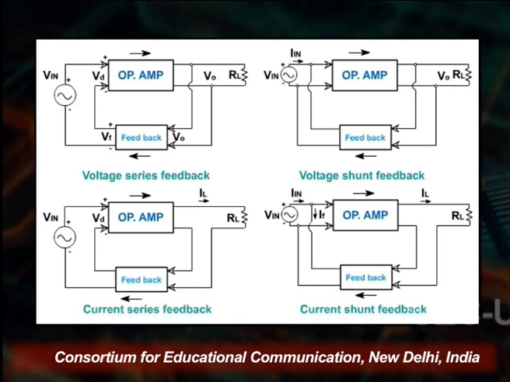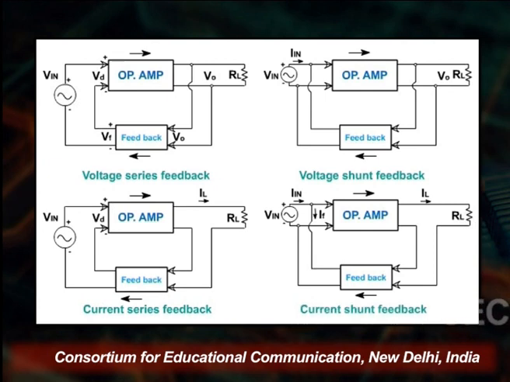The output of the feedback circuit, which acts as the input of the op amp, is shown in two manners. On the left top figure, we have the series feedback, and top right figure we have the shunt feedback of the voltage. Shunt, as we see, is parallel and series is series, where A is connected to A and B is connected to B directly.